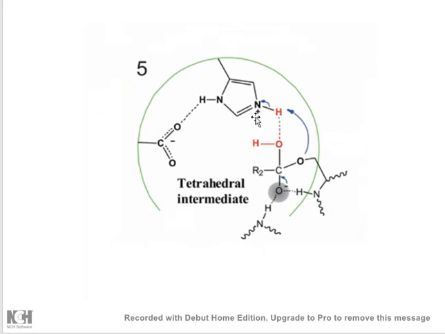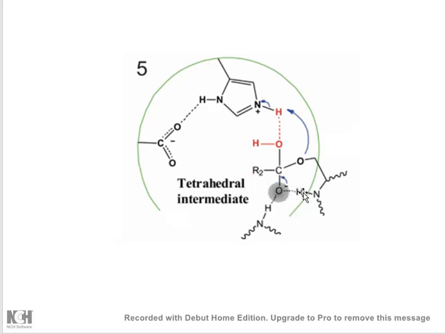So histidine acts again as a general base catalyst by removing a proton from the water molecule and increasing its nucleophilicity towards the ester bond, the carbon of the ester bond.